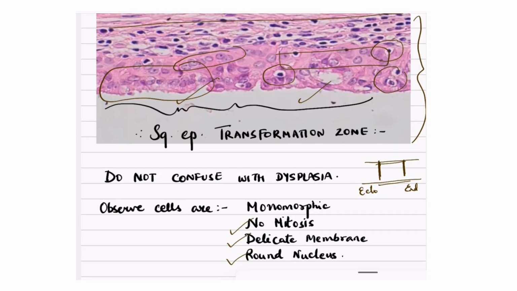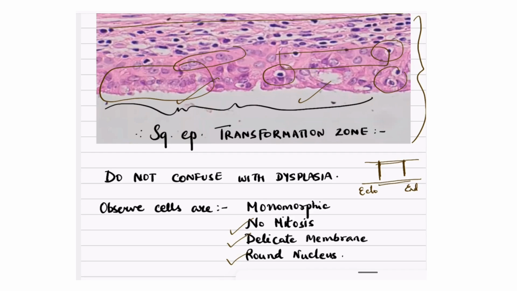So if you think something is wrong with the transformation zone, and it is looking a little uneven, atypical, then at least write whatever your findings are, and then query transformation zone. If you think that there is more dysplasia, then at least write low grade dysplasia, but know that the transformation zone can mimic a dysplastic epithelium, so at least mention it there.